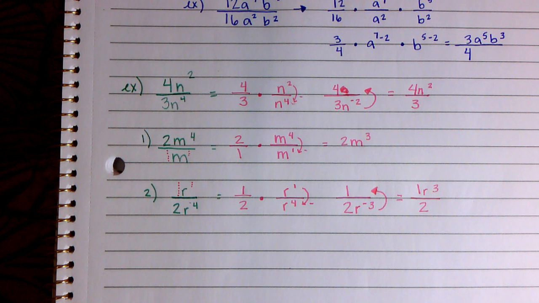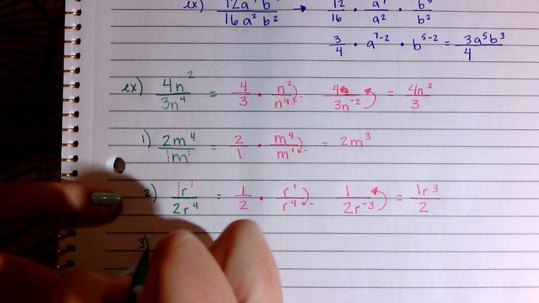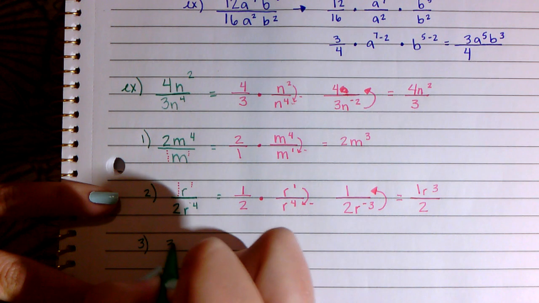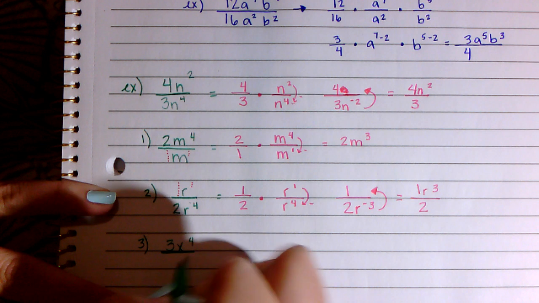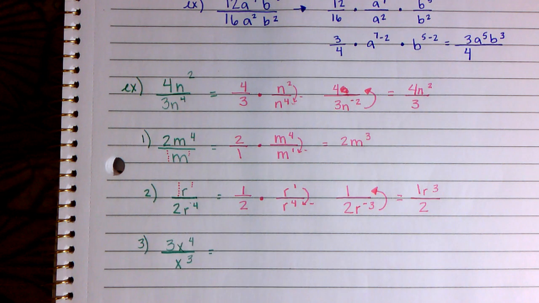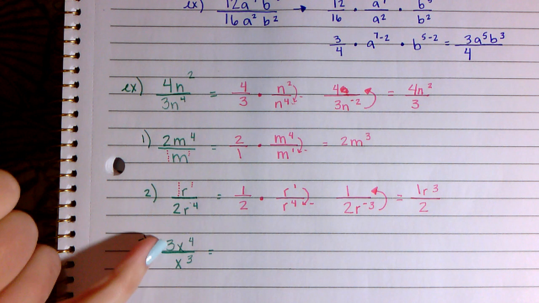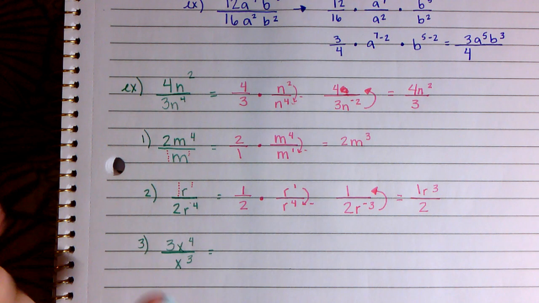And let's do one more example. Okay, I have 3x to the 4th divided by x to the 3rd. Now, if you're really getting a hang of this really well, you don't need to split this one out. I know 3 divided by my imaginary 1 is just 3. 4 minus 3 is just 1, so it would just be 3x.